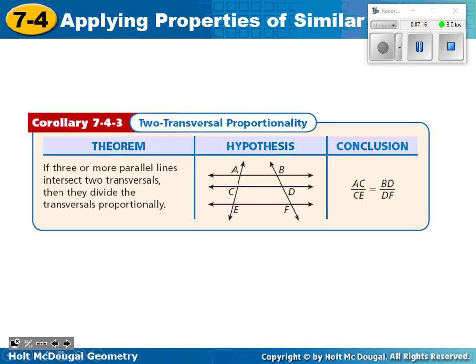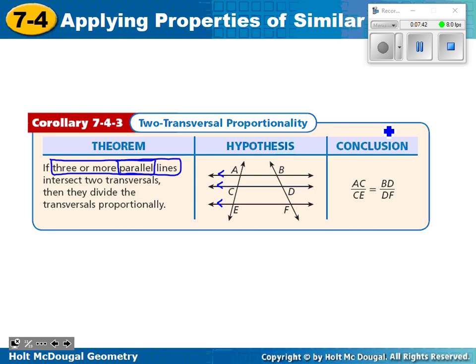All right, the next one that you'll see on there is called the two transversal proportionality. That is basically going to say you have two transversals in your picture. If you have 3 or more lines, though, you can have 3, you could have 4, you could have 10, it doesn't matter. Those lines need to be parallel. So in the picture, if you have 3 or more parallel lines, they would need to be marked parallel.